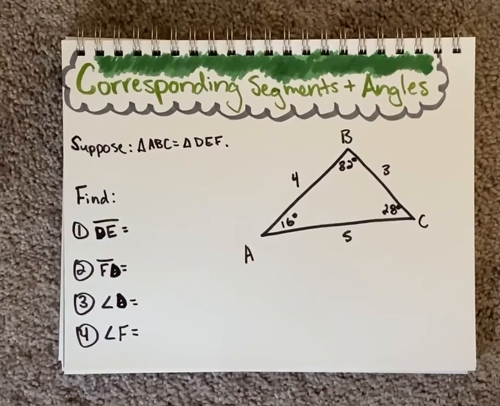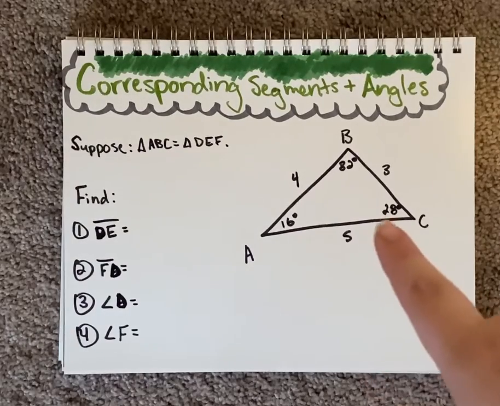Now, if we take everything that we just reviewed and learned, we know that corresponding segments and angles are equal when they are congruent to another triangle. So let's put actual numbers in here. Here I have an example triangle ABC. I filled in the line segment lengths and the degrees of each angle.